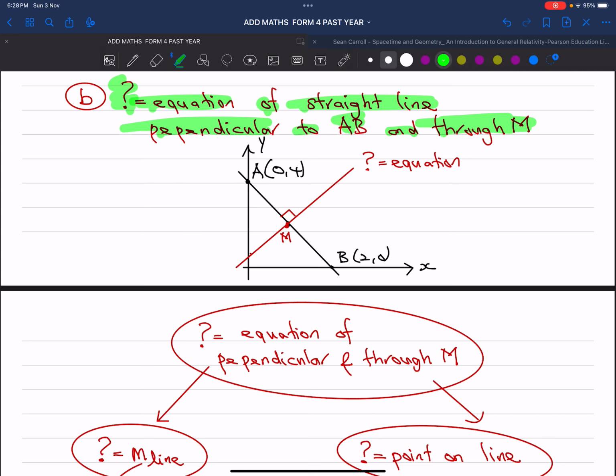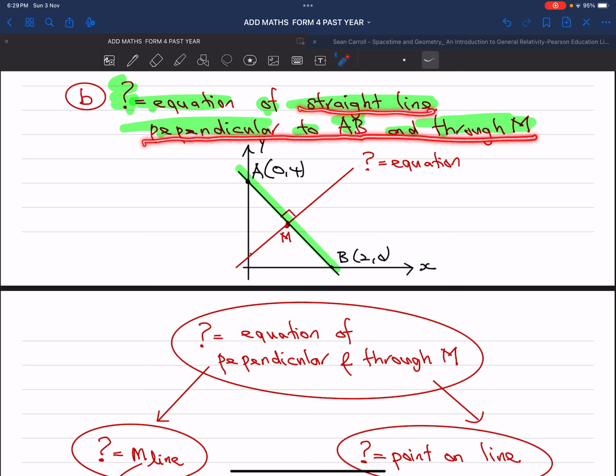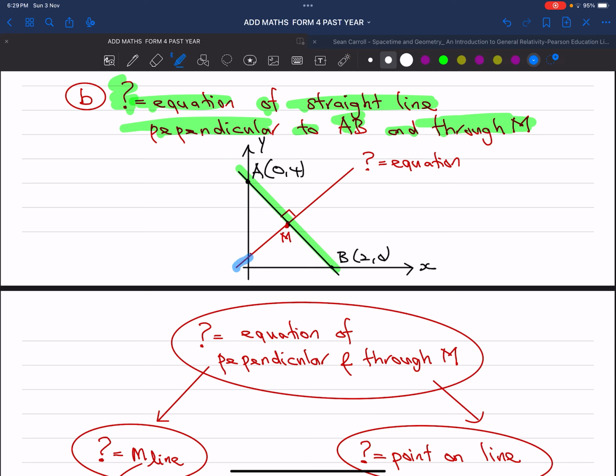So this is the line AB. Therefore, the straight line perpendicular to AB and through M would be the line here, going through the point M and perpendicular.